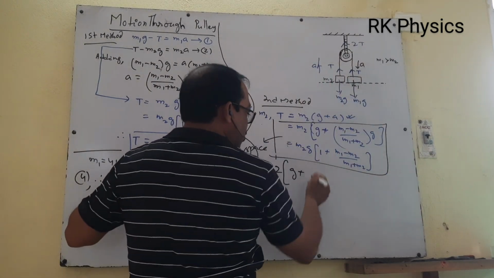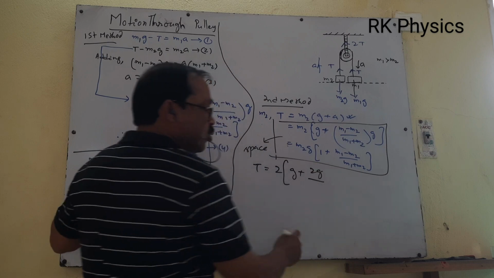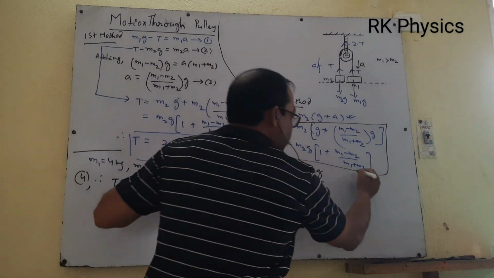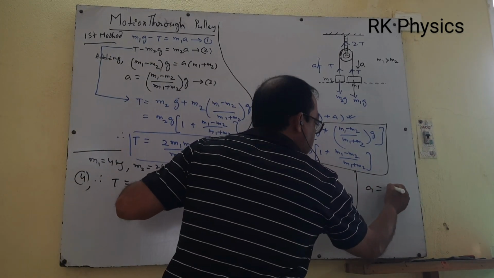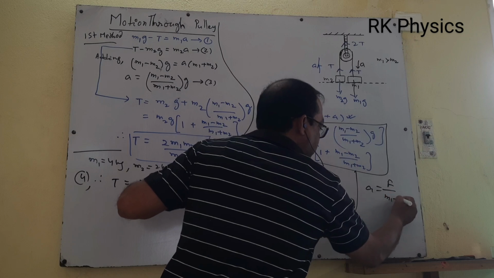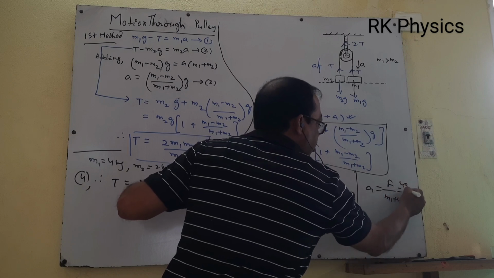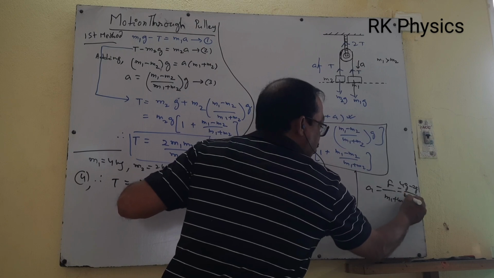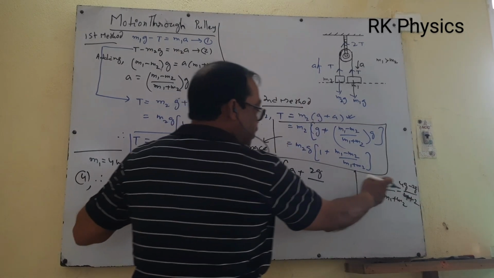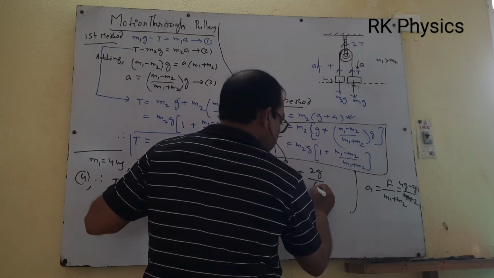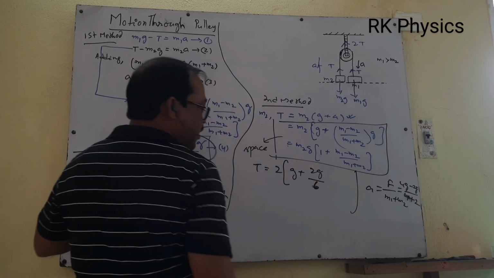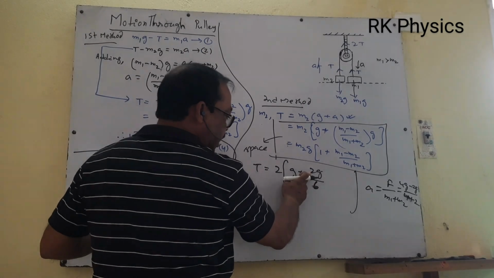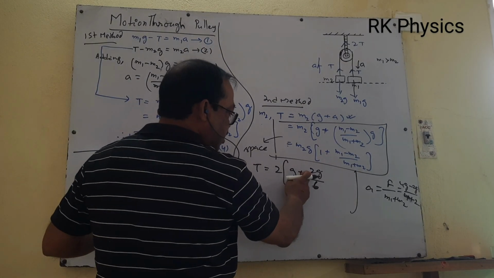A equals total force divided by total mass of the system, that is 4g minus 2g, which is 2g, divided by 4 plus 2, which is 6. So T is 2 into (g plus 2g by 6), that is 2 into 8g by 6.